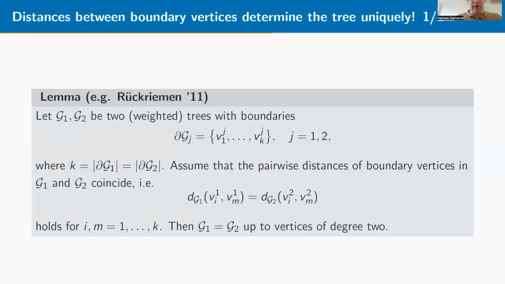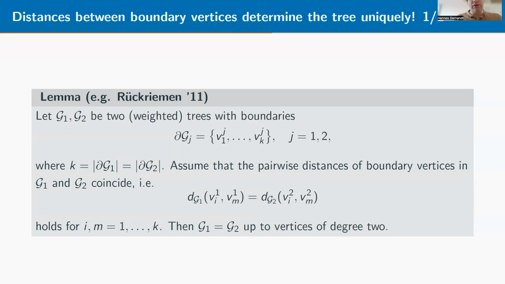Now, let me come to a lemma. I've mentioned it a few times already. It's somehow a well-known result, we think. So we did not include the proof in the paper, actually. We found this in a PhD thesis by Rückriemen, who did his PhD also on spectra of quantum graphs. But again, the result has nothing to do with quantum graphs, just with graphs.